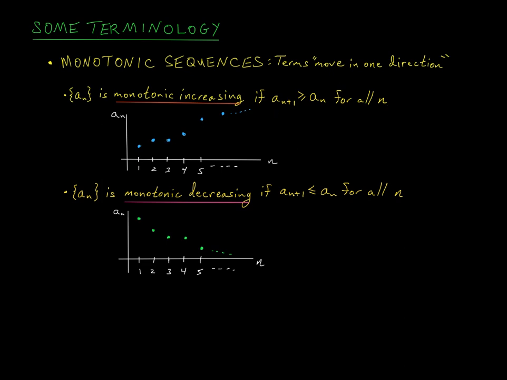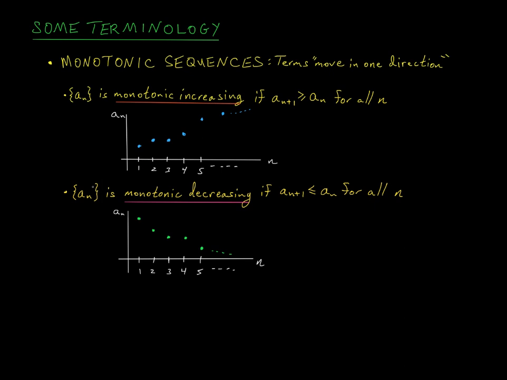So at any term, let's say a sub 3, it's going to be less than or equal to its successor. What that says graphically is that I'm either going to move up or I could potentially flatline because of the inequality being greater than or equal to. So I'm either increasing or flatlining. But if I'm monotonic increasing, then what I cannot do is turn around and go down. I am moving in one direction, in this case, the increasing direction.